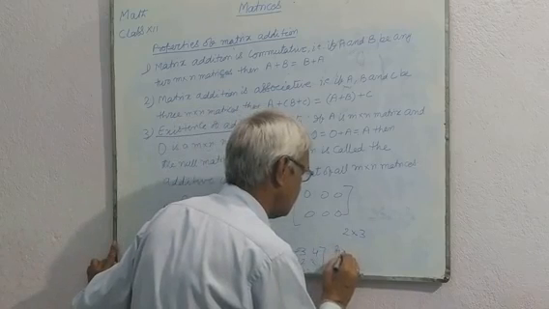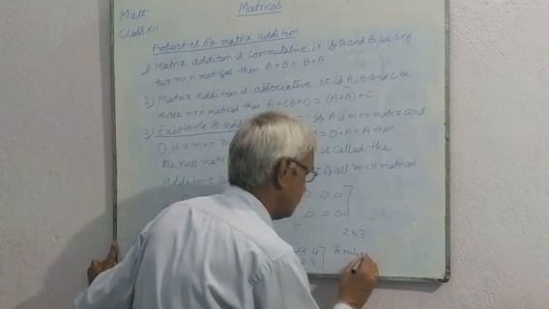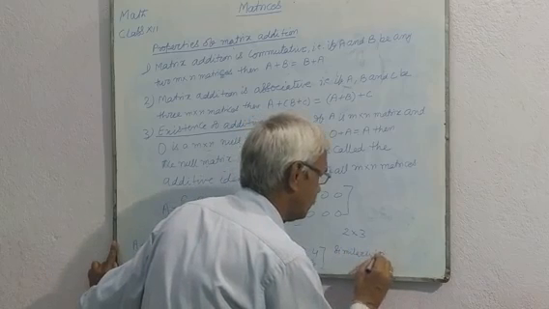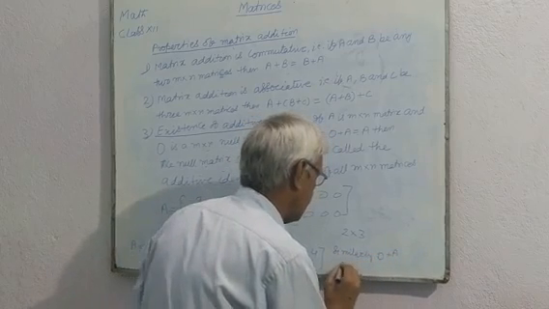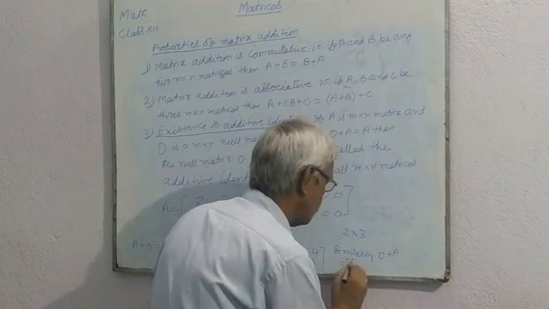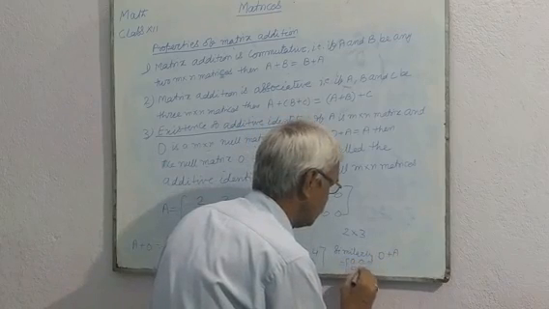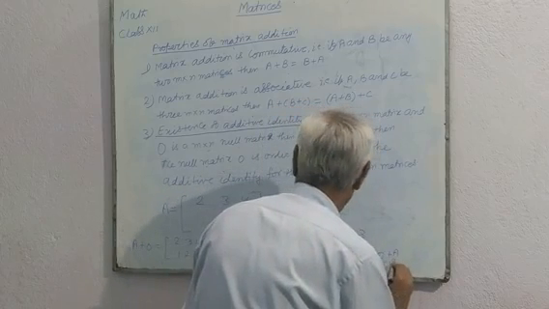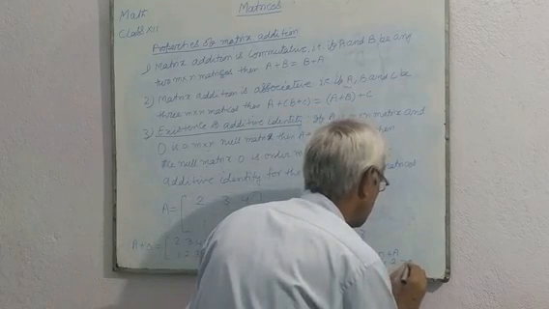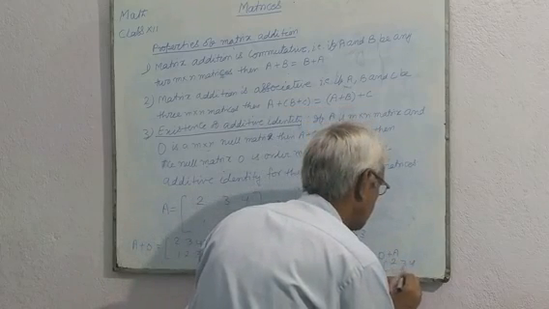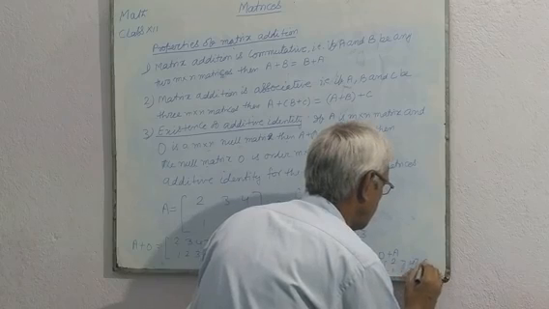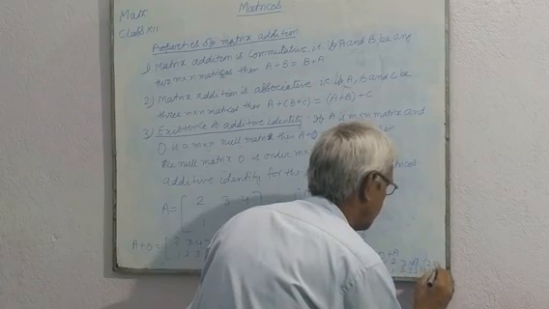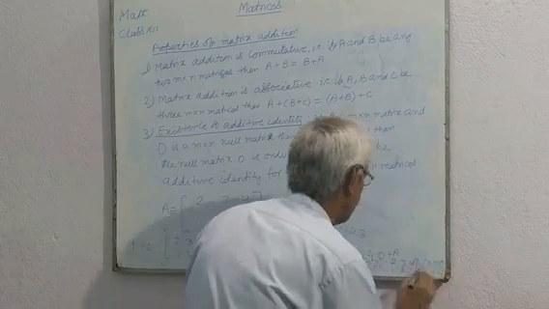Similarly, O plus A equals 0, 0, 0, 0, 0, 0 plus 2, 3, 4, 1, 2, 3, which equals 2, 3, 4, 1, 2, 3.